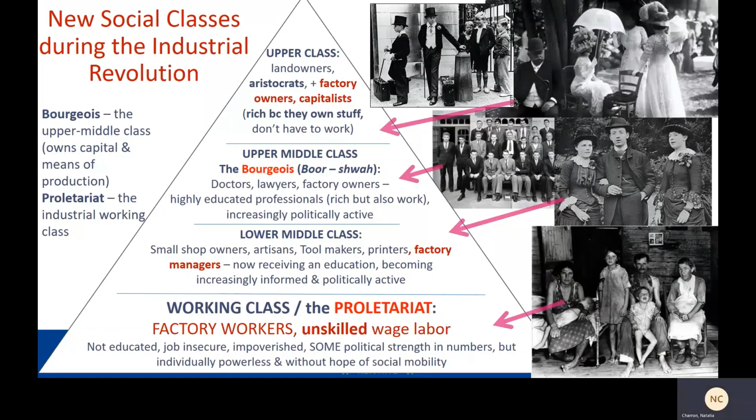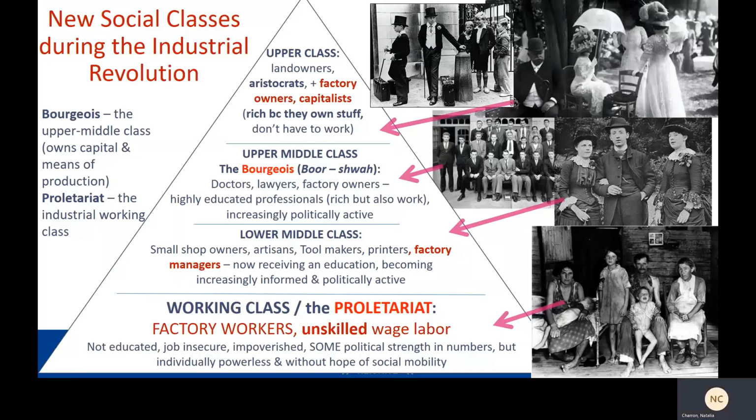As we've seen, the Industrial Revolution created new social classes. And because of urbanization, they all shared the same space often in big cities, right? You had the upper class of capitalists who were rich because they owned stuff, and you had a mass of lower class proletariat, working class, unskilled wage laborers who were increasingly impoverished by industrial capitalism.